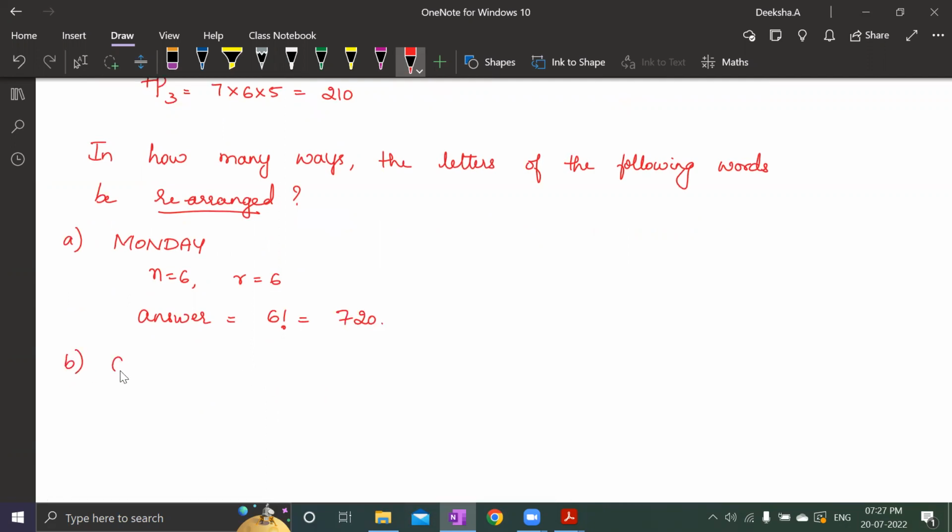Tell me the answer for COMPUTER. Same thing, rearranging all the letters of the word.